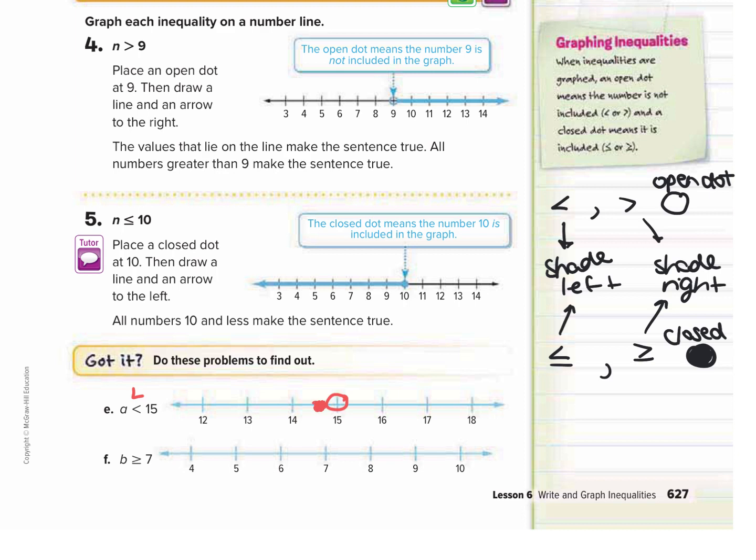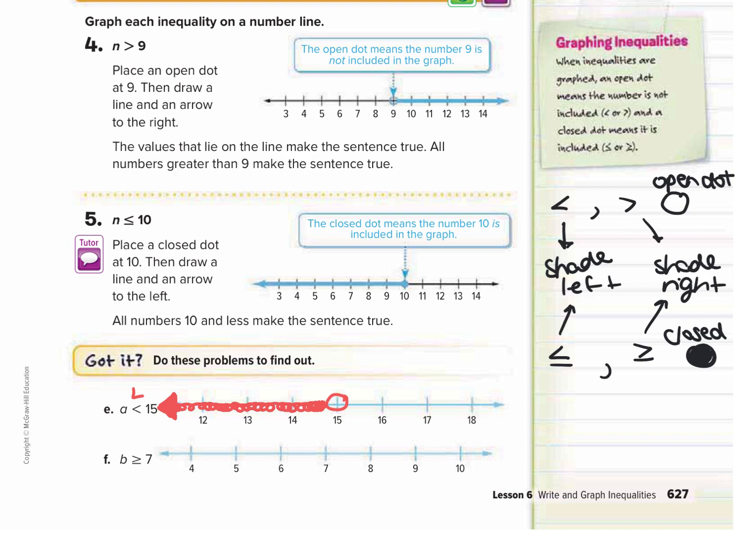So I'm going to shade to the left of 15 to show that any number in this shaded area can be A, because A could be anything less than 15. And I'm going to draw an arrow to the left because this number line goes on forever to negative infinity. So these are all the solutions for what A could be in this problem.